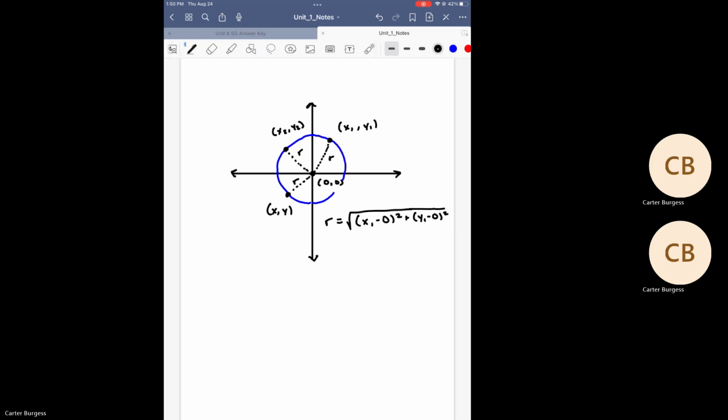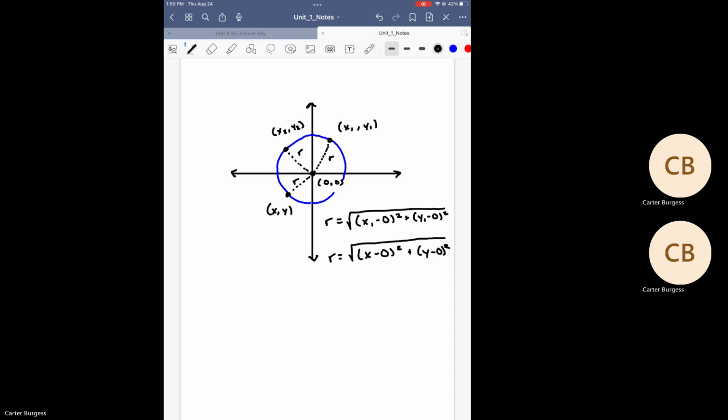Right, so they are all a distance of r away from a particular point. That's how you generate that entire circle. But to that end, what we can say is that r should be equal to the square root of x minus 0 squared plus y minus 0 squared.